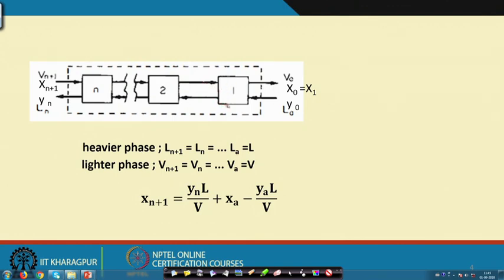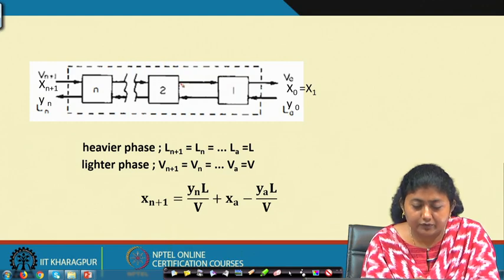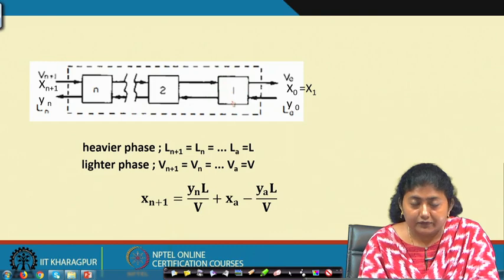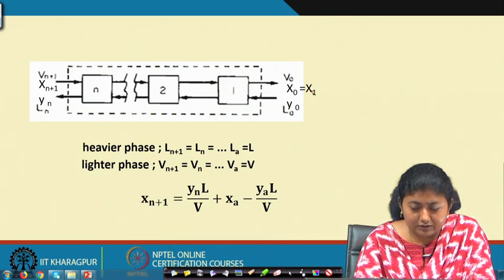Like that, if you consider the first stage, the overflow of the second stage is entering as the solvent in the first stage, and eventually the concentration will change in a way.